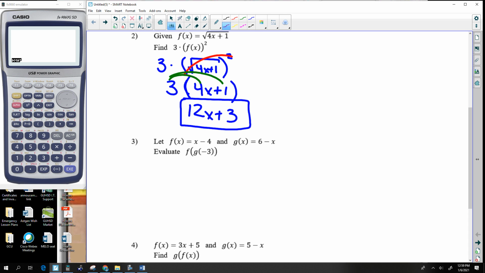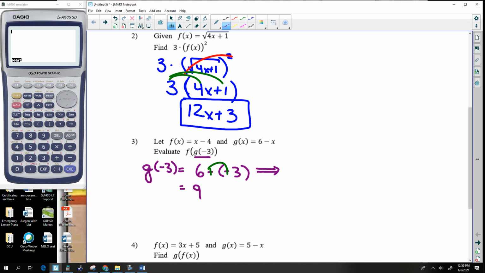All righty, here the innermost piece is this g of negative 3. So g, oops, let me put this properly here. g of negative 3. So that's 6 minus x, x being negative 3. Minus of a negative is adding a positive. So 6 plus 3 is 9. So that's what g of negative 3 is.